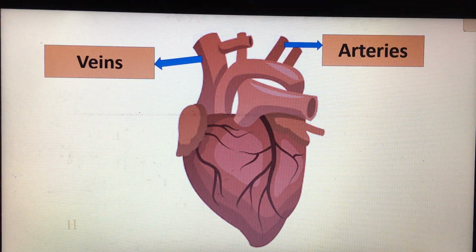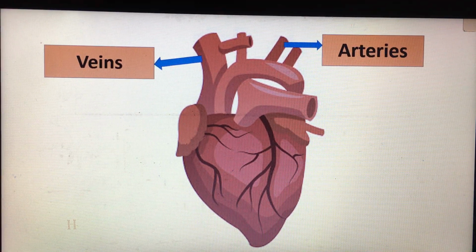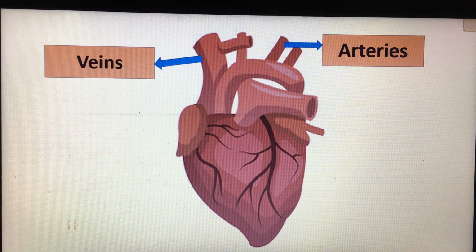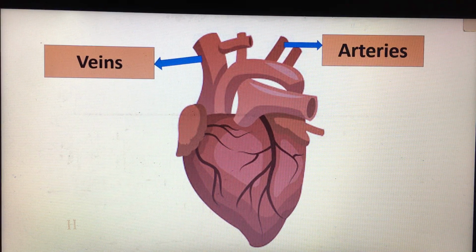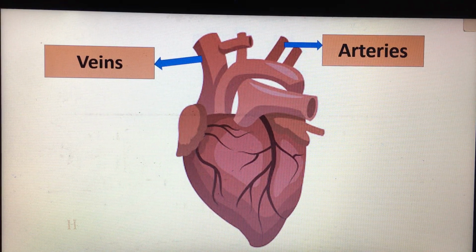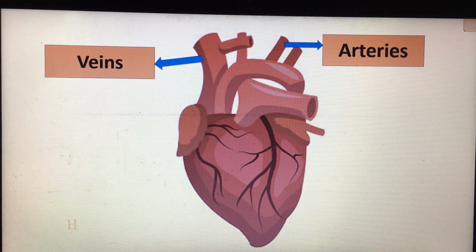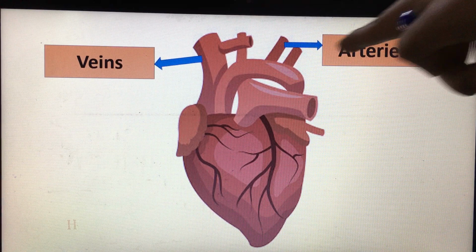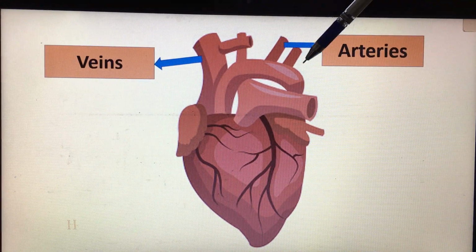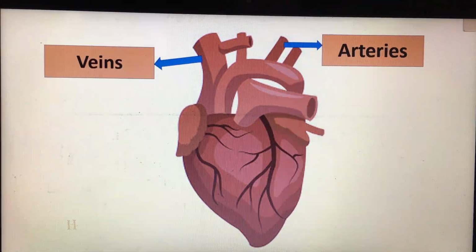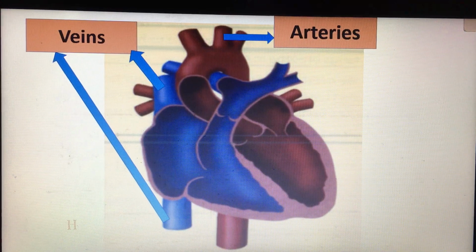So again, the heart is very important because it pumps blood around our bodies through tubes called arteries and veins. So here we have arteries and here we have veins. So in your book, page 130, also there is a picture of heart.